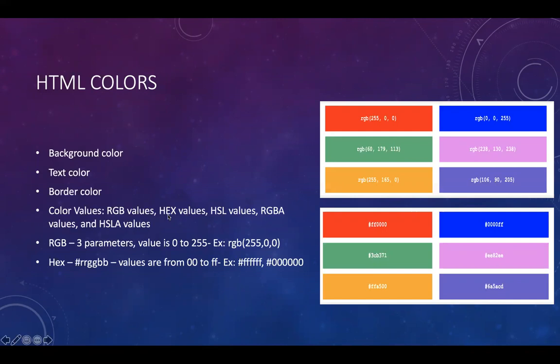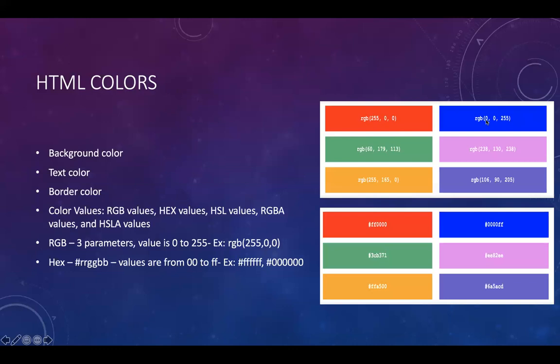So what is RGB? R for red, G for green, B for blue, right? These are the base colors. Using the values of those, we can get different colors. Here you can see the values will be 0 to 255. For red, if you give 255 and the rest of the parameters are 0, 0, then we get red. Sorry, I'm sorry.